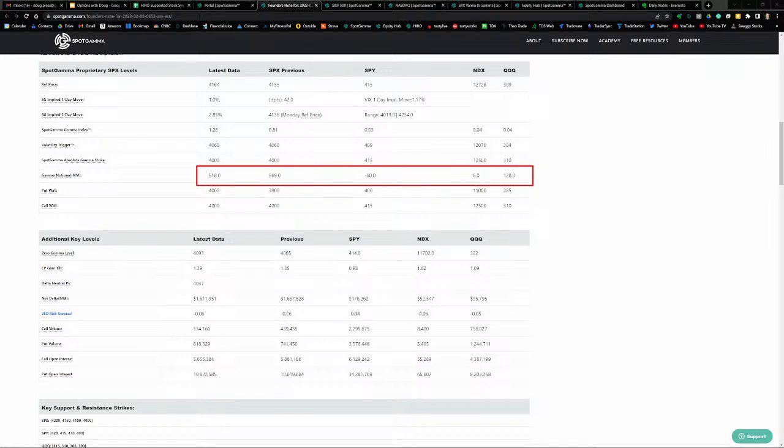And then in a positive gamma environment, like the SPX here, the assumption is that traders are short calls, market makers are long calls, and as price increases, they have to sell futures to hedge their delta exposure.